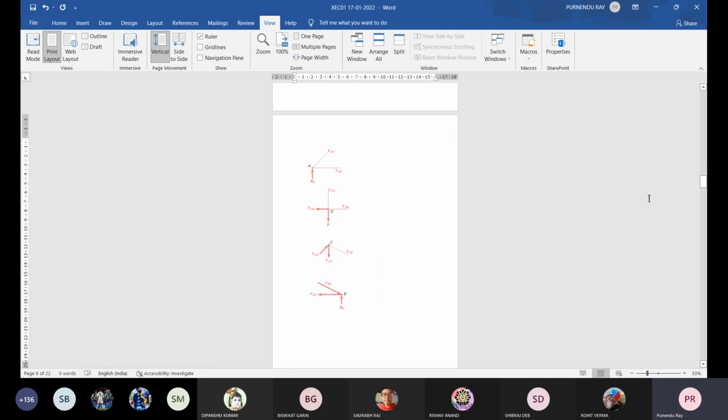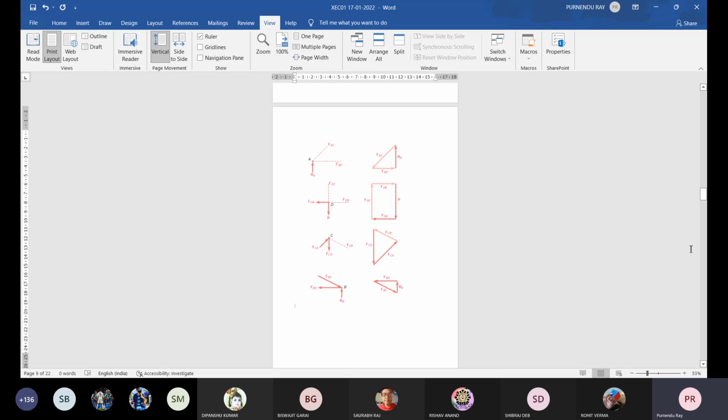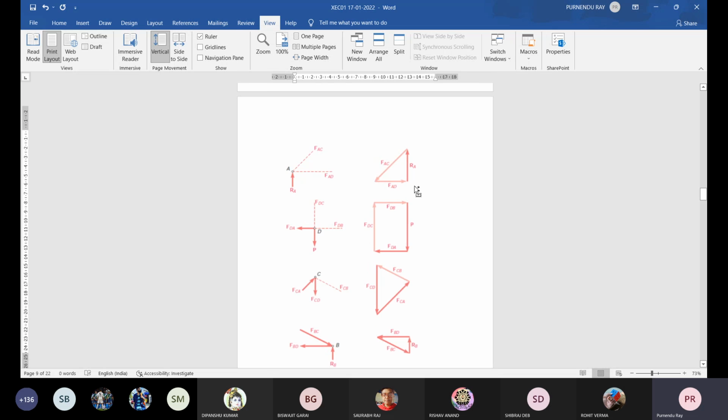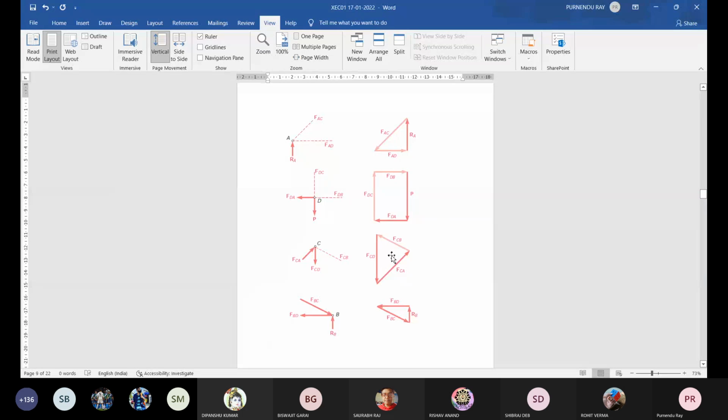Next it was the joints without showing the actual directions. Initially we start with that, because we do not know. And finally we can go for individual joints, and these are the helping diagrams for the graphical solution, and these diagrams directly give us the nature of the forces.